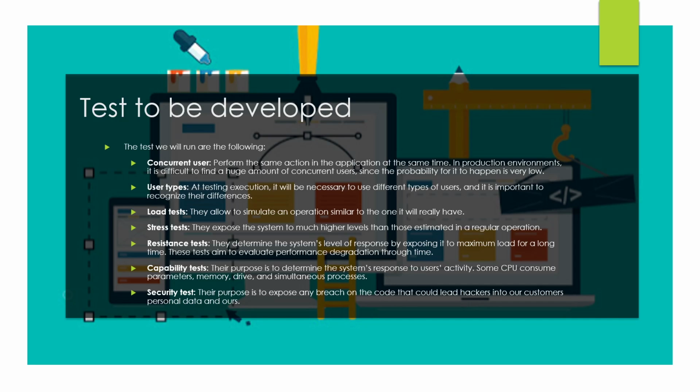The load test is just about how the information is getting received by the user. The stress test is when we expose the system to much higher levels than those estimated in regular operation. Maybe because there might be no tracking numbers or no home delivery requests at certain times of the day or times of the week, doesn't mean that this can't happen.